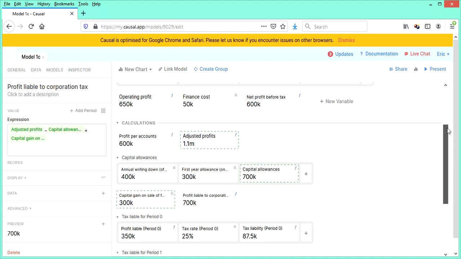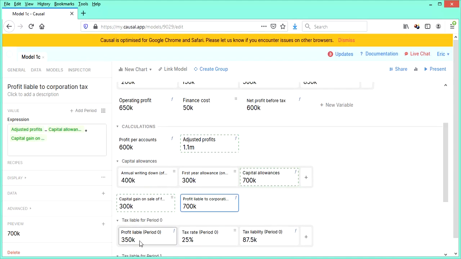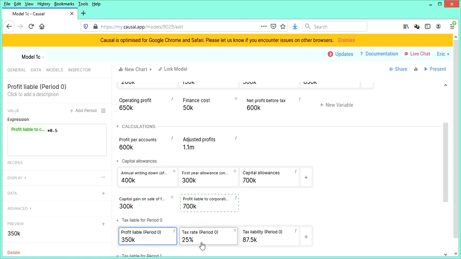So we're going to call it period 0 and period 1. For period 0, the profit liable was the total profit liable times 0.5, because it was 6 months that took place in this period. So that gives 350,000 pounds.